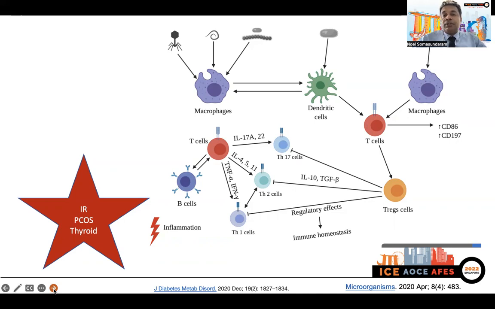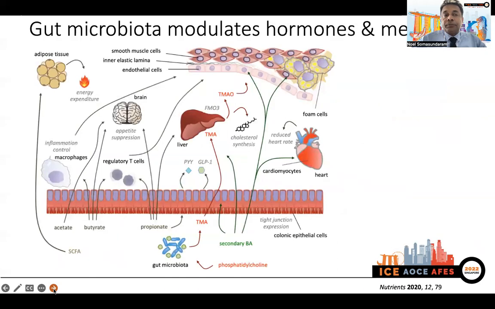Sometimes polycystic ovary syndrome could be just the fault of our viruses and bacteria. Sometimes diseases like Graves and thyroiditis have been seen to be contributed to by the microbiome.